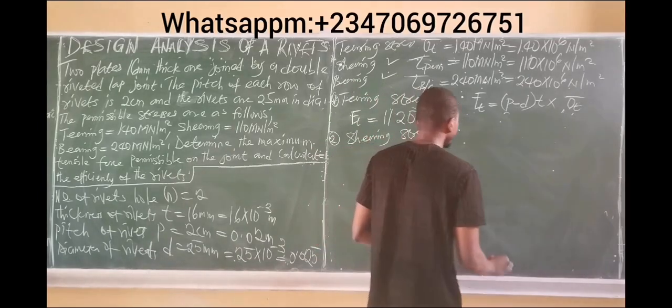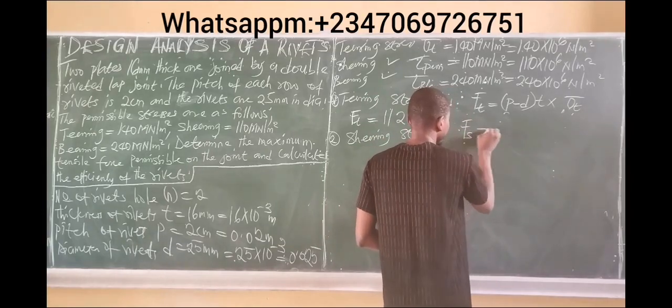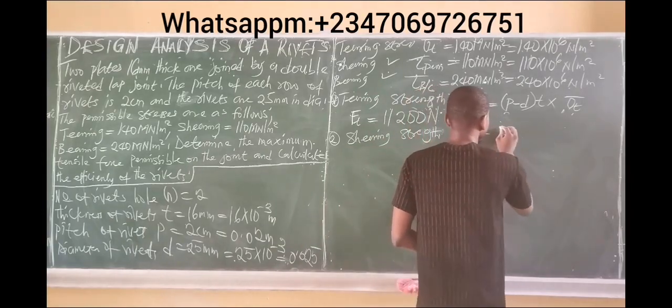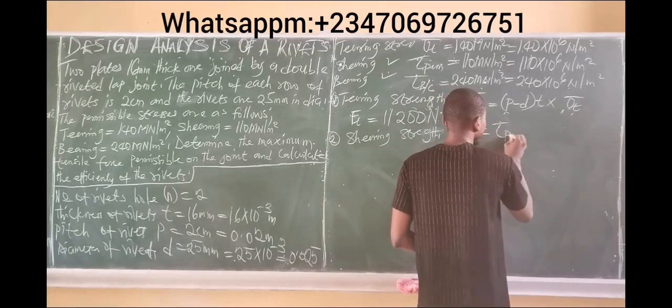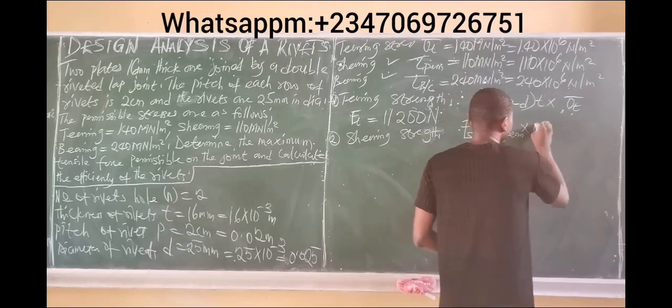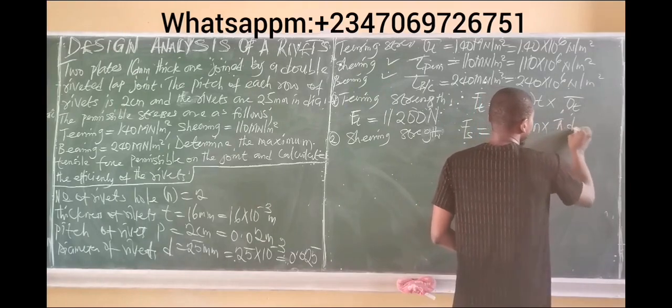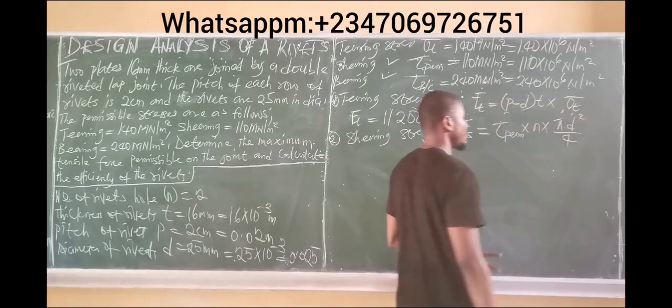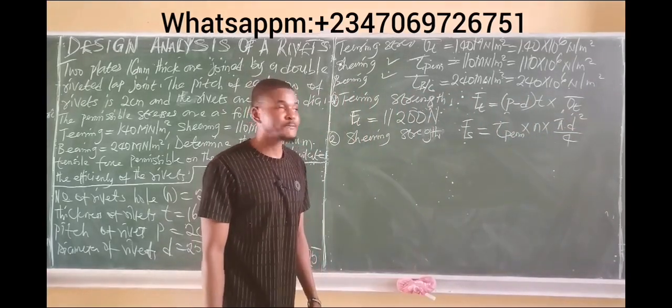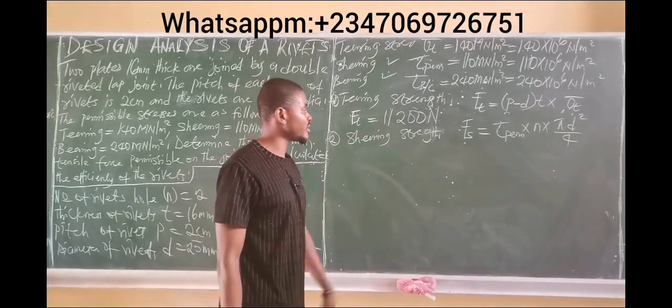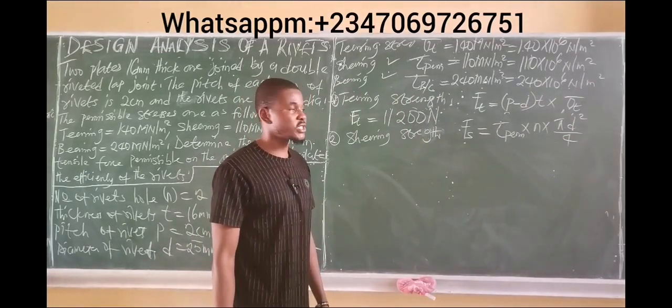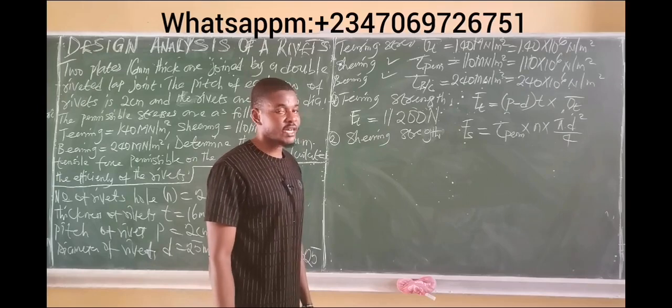All right, the shearing strength itself, Fs, is simply given as the permissible shear stress multiplied by the number of rivet hole times pi times diameter squared all over 4, which happens to be the area. So this is the formula to calculate the permissible shearing strength or shearing force.